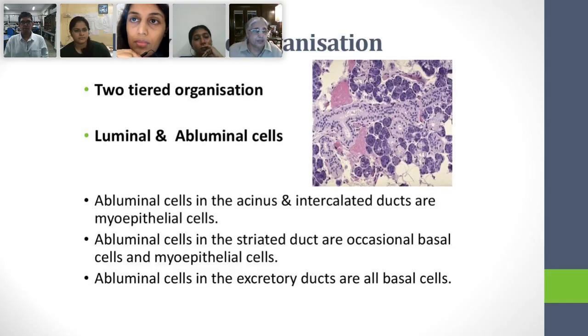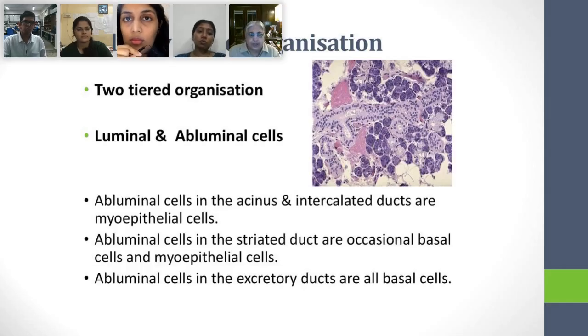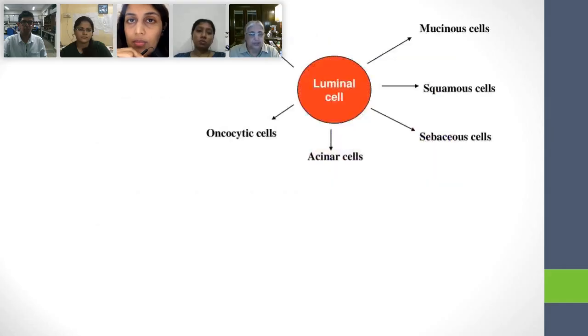The myoepithelial cells look like basal cells, but they have smooth muscle actin, because the purpose of that smooth muscle actin is to squeeze the secretion along. The moment you come to the striated duct, you have myoepithelial cells, but basal cells are now beginning to be seen, which do not have the myoepithelial component. Okay, so that's how we look at this.